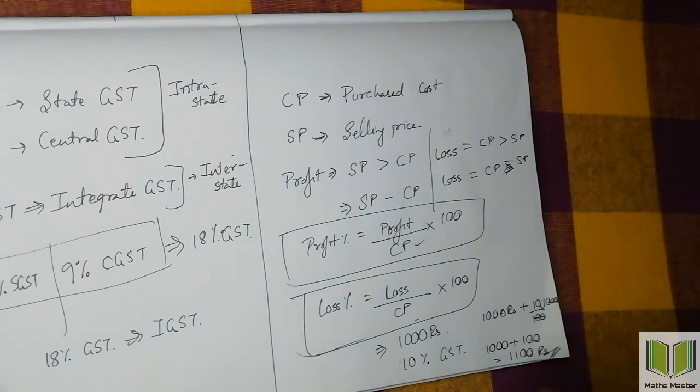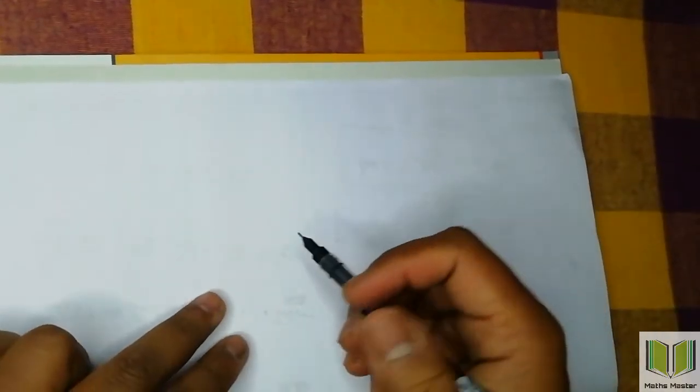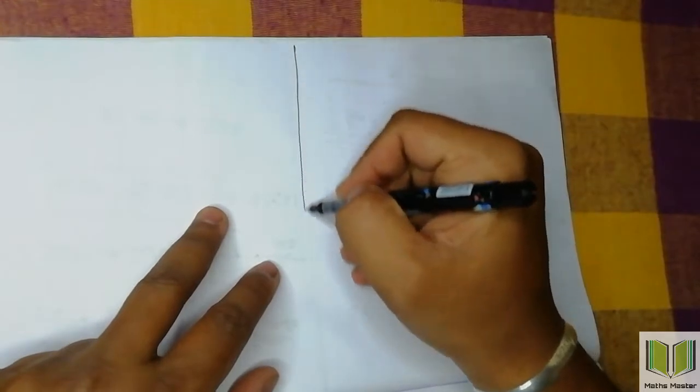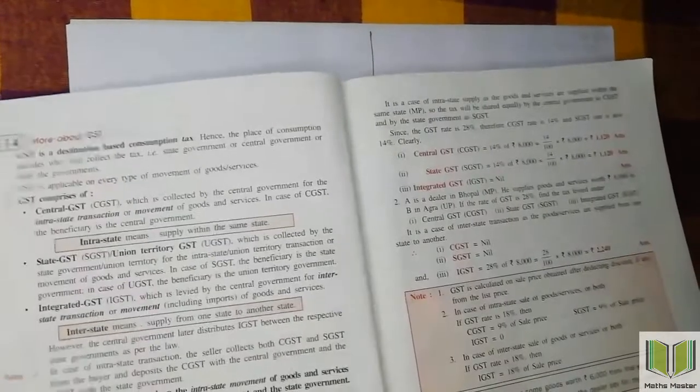Now, let's go ahead and start with the exercise problems. One more thing which I did not mention in this topic is market price or listed price, which is nothing but MRP, which you can see on the merchandise which you are purchasing. Now, we'll try going with the first problem of the exercise.